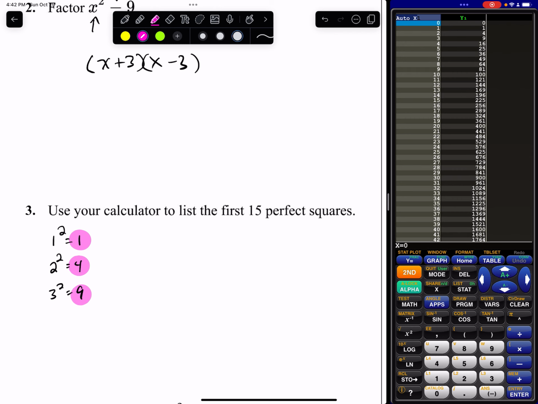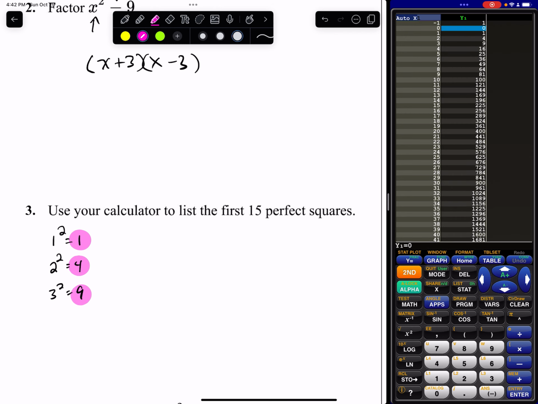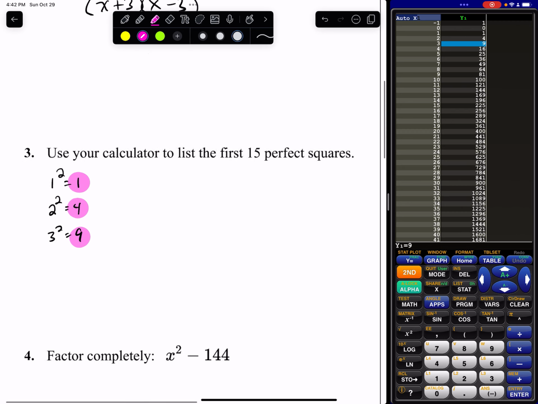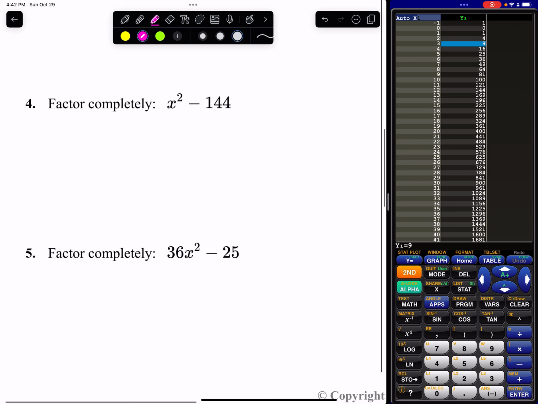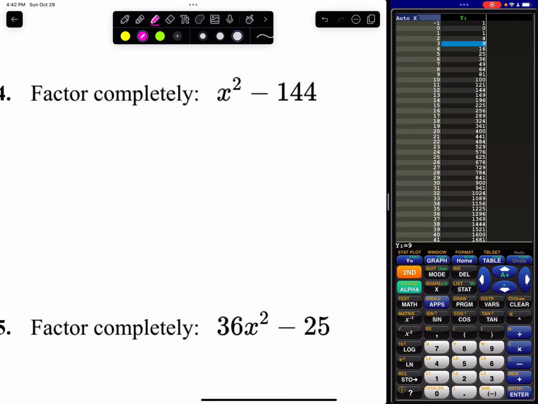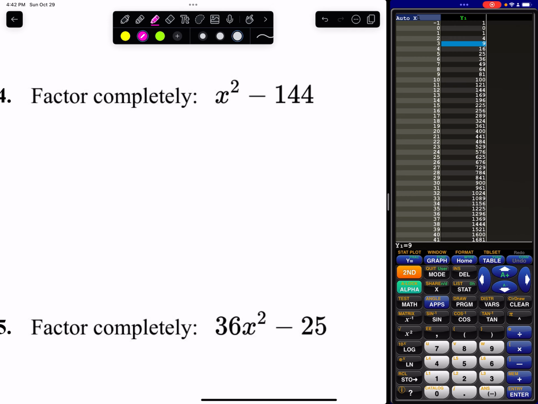So I'll keep my calculator open to see whether I'm going to find any perfect squares in these problems. I look at the next example and I notice that there are two terms here. I've got x squared and I've got 144. Looking at the calculator, I can see we've got a value of 12 squared, which is 144.